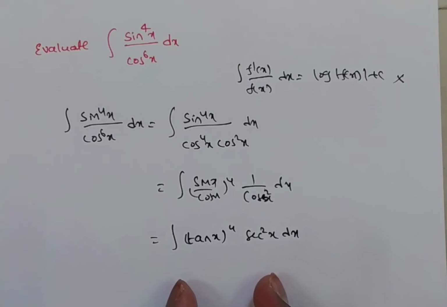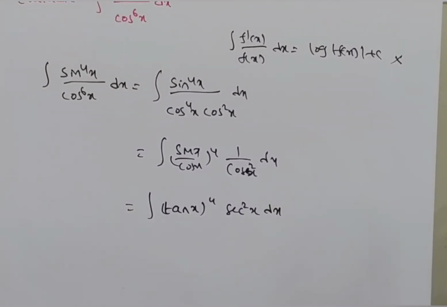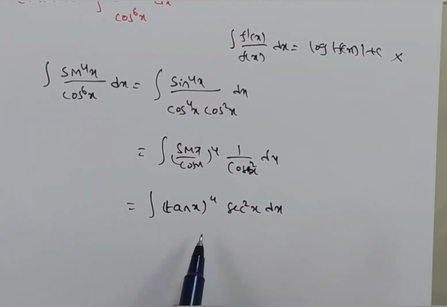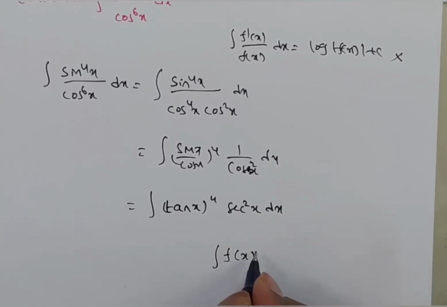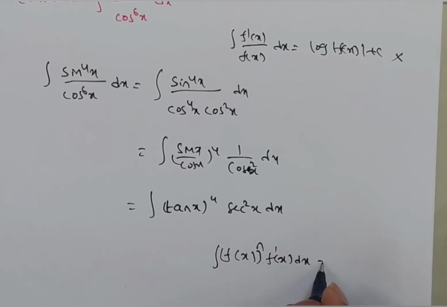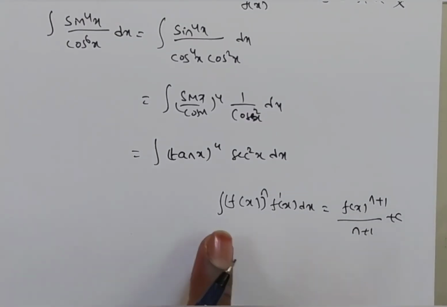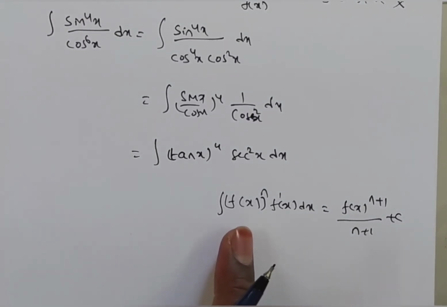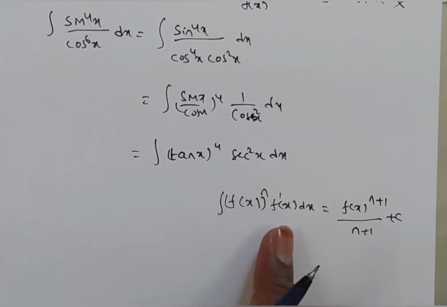Now you observe, it is again a product of two functions. Whenever the product of two functions is there, we have to recall integral of f of x to the power of n into f dash of x dx.